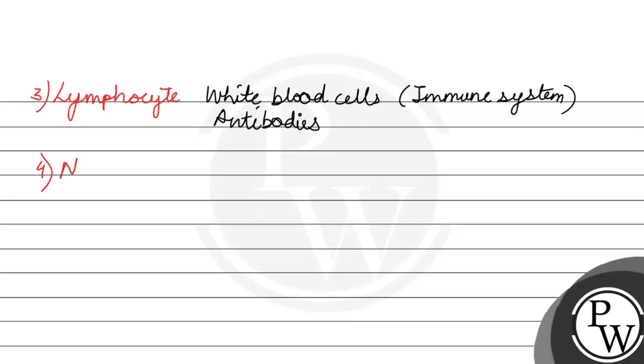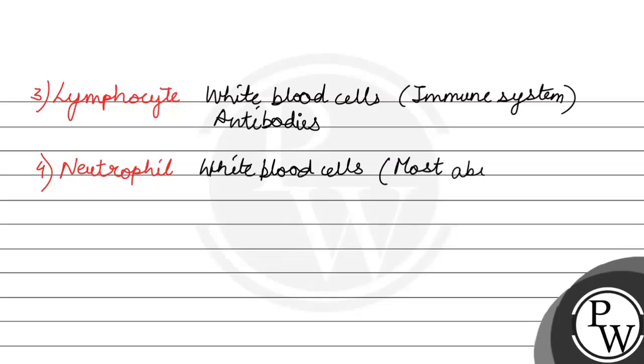Fourthly होते हैं neutrophil. So neutrophil भी white blood cells होते हैं जो कि most abundant होते हैं and ये हमारे essential part होते हैं of our innate immune system.